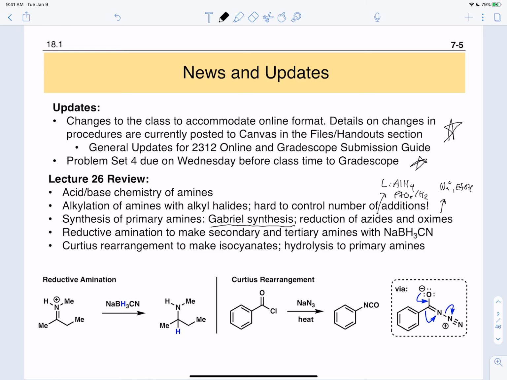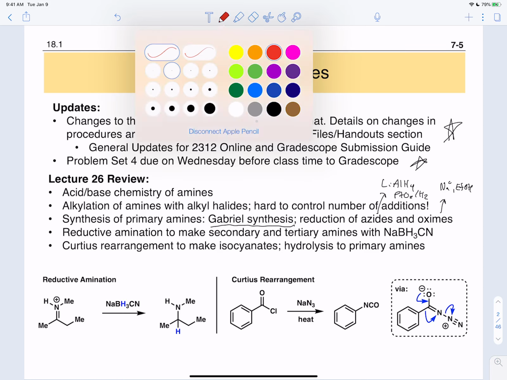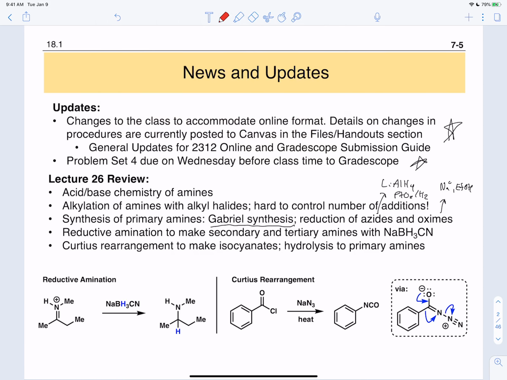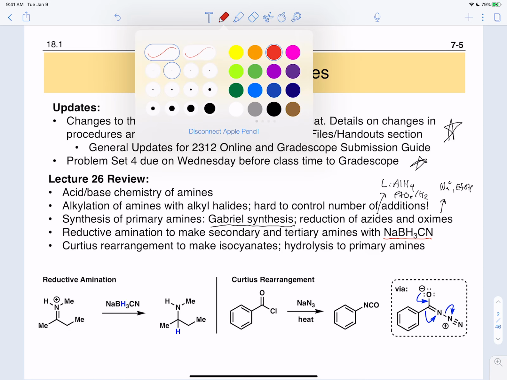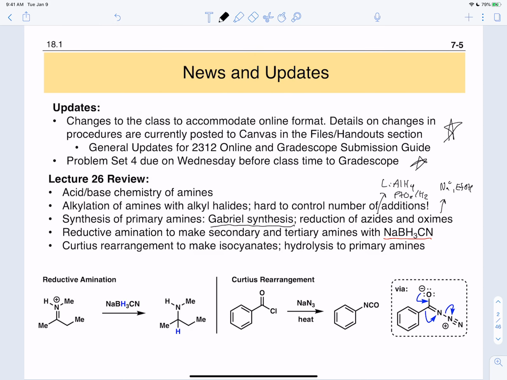Now to make secondary and tertiary amines, the preferred method is reductive amination, and we had a new reagent that came on the scene, sodium cyanoborohydride, that's even less reactive than sodium borohydride. It's very selective in its reactivity, and it only reacts with positively charged iminium groups. So it really needs to have this positive charge to react with something.